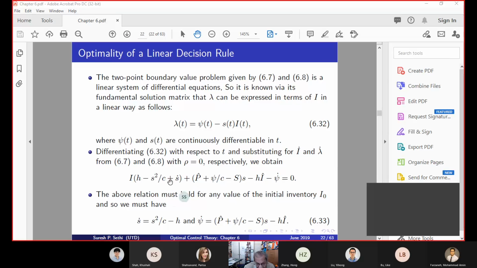And because that quantity has to be 0, the remaining part is this equation. So we have a differential equation for psi dot. By using this formula, we are converting the lambda and I differential equations into differential equations in S dot and psi dot.